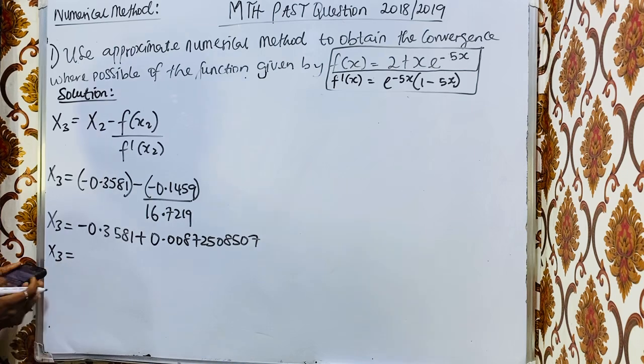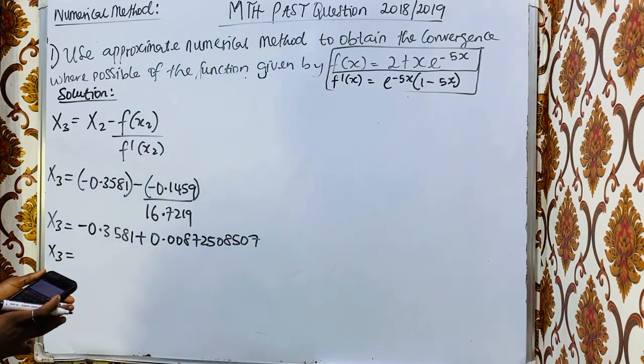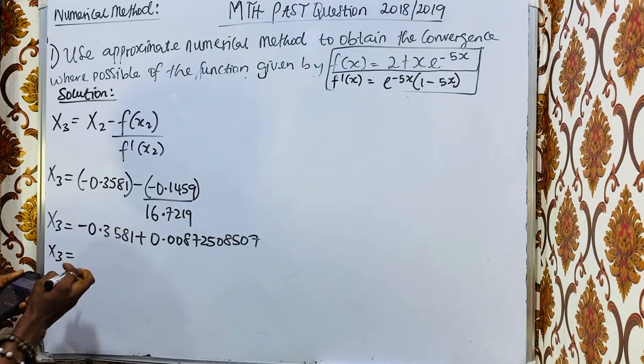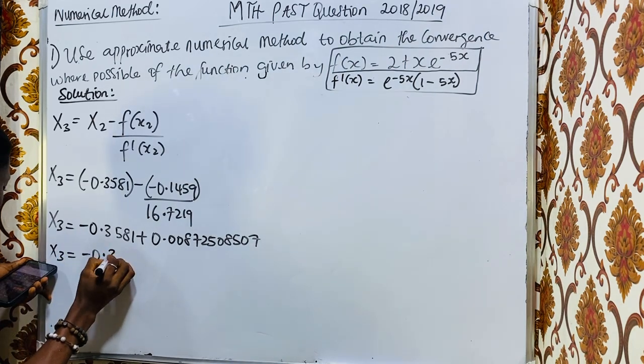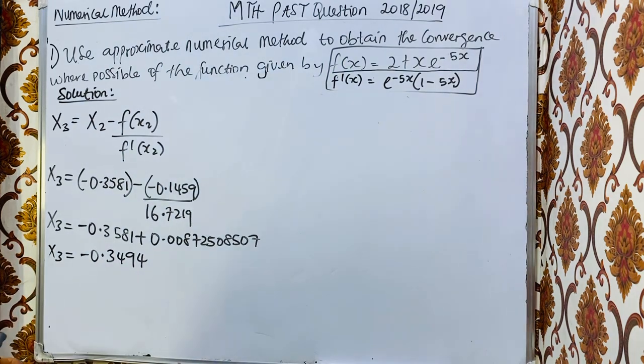So when you add them, it will be negative 0.3581 plus 0.00872, which gives negative 0.3494 approximately. So that's my x3.